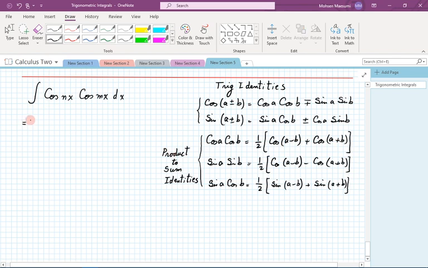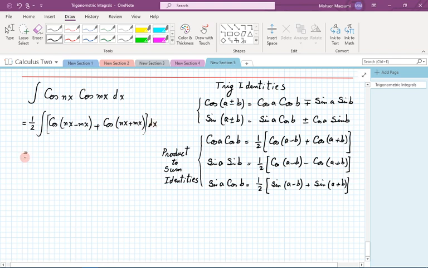So this is 1/2, the factor of 1/2 I put outside, of the difference of the two angles, so cosine of nx minus mx, and then the sum of these two, cosine of nx plus mx, and then the whole thing is times dx.